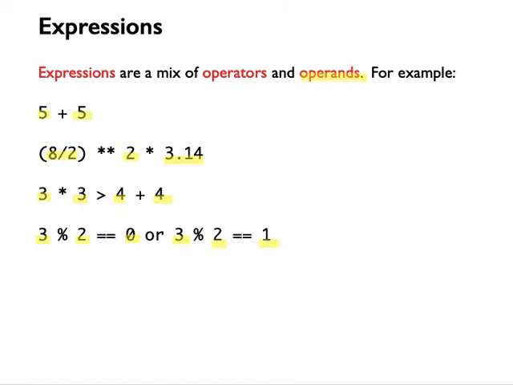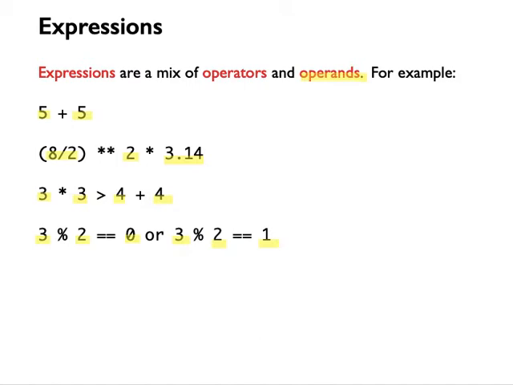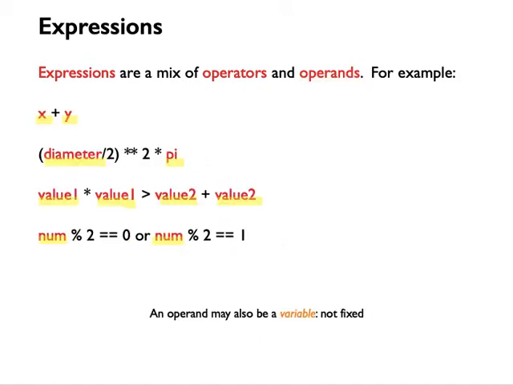Technically, I'm not sure that I would call parentheses an operator. It's not exactly an operand. It's kind of something in between. We don't have to just use literal values like 5 or 3 or true to create expressions. We can create expressions with variables, and that's kind of going to be the big idea in this lecture.